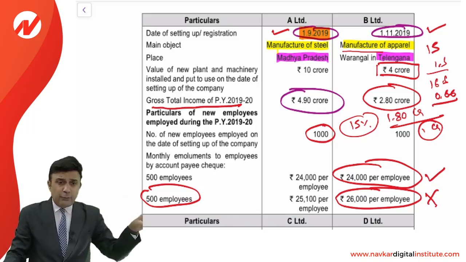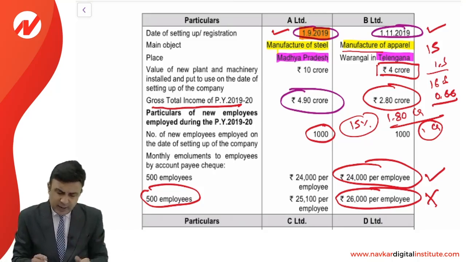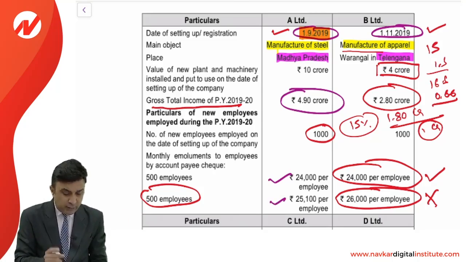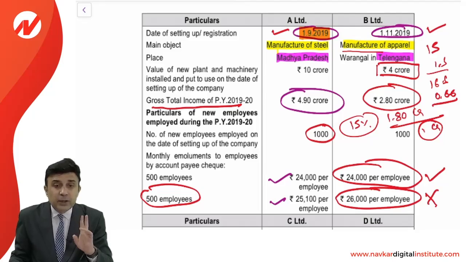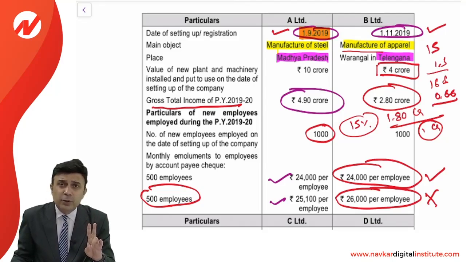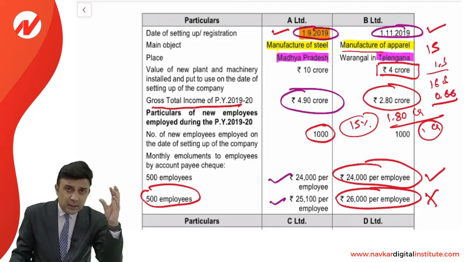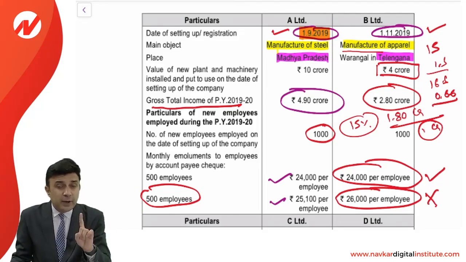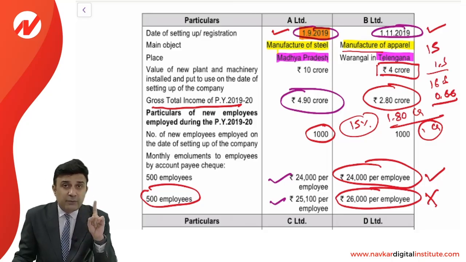Yes, you are eligible for deduction under section 80 JJAA. Would you be able to get it? Apparently on employees with salary of 24,000 or 25,100 rupees? No. But as you started the business on 1st September 2019, up to 31st March 2020, your employees are not employed for more than 240 days during the financial year.